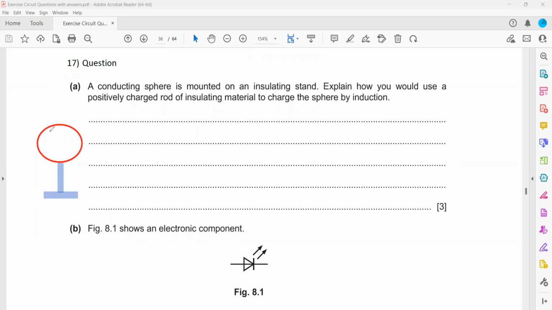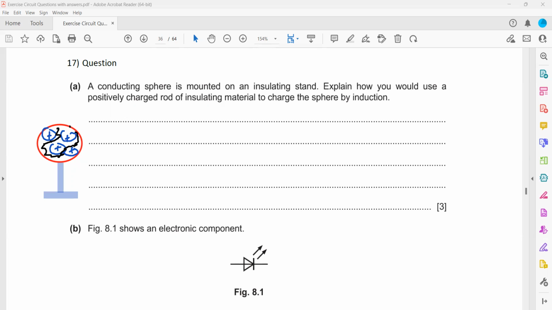Inside the metal, there is a lattice of positive ions and delocalized electrons, so electrons are delocalized within the structure. What we want is to explain how you would use a positively charged rod of insulating material to charge this sphere by induction.